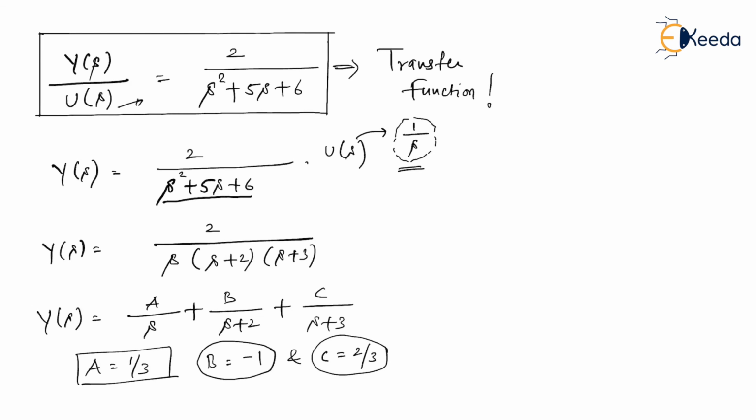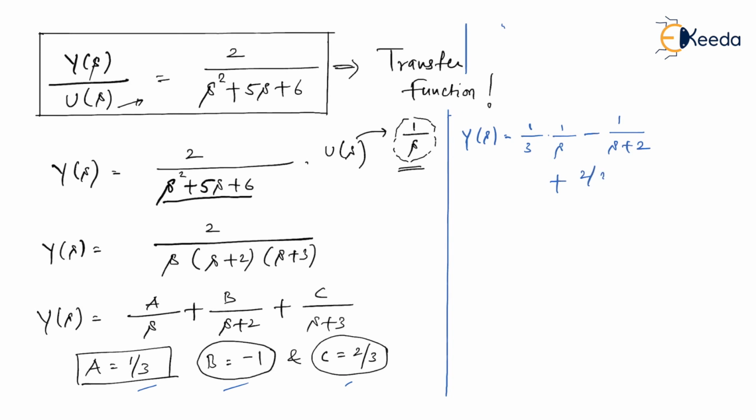So I believe how to solve partial fraction, you know it. So let me write what y of s I have. Let us substitute value of a, b and c in above expression. You will get 1 by 3 times 1 by s minus 1 upon s plus 2 plus 2 by 3 divided by s plus 3. So by Laplace inverse, you'll get y of t, what they are asking you for. 1 by 3 is constant.